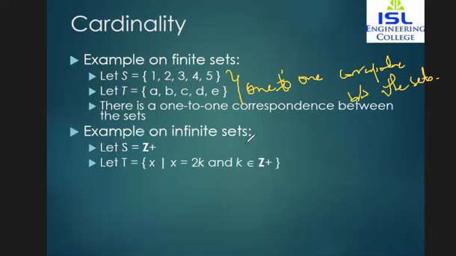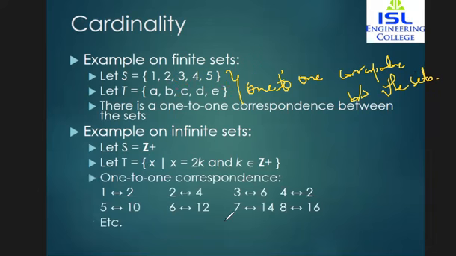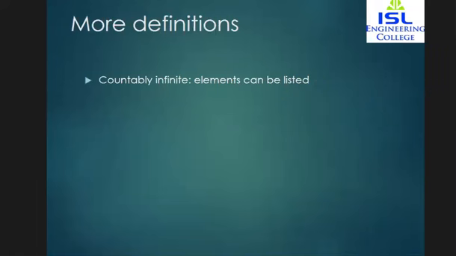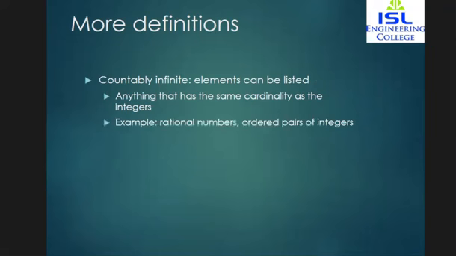So these are infinite sets which cannot be counted, while 1 to 2, 2 to 4, 3 to 6, this is known as 1-to-1 correspondence. Countably infinite means elements can be listed. Anything that has the same cardinality as integers, for example, rational numbers, ordered pairs of integers.